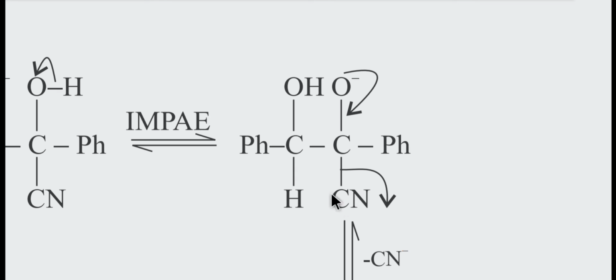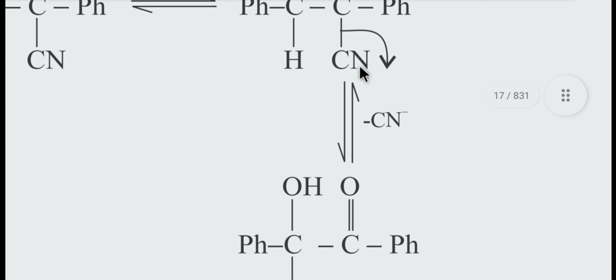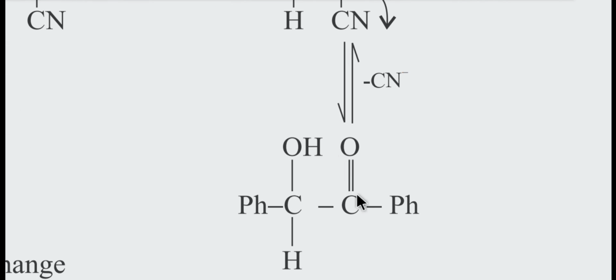Now here is the CN group, the cyanide group, which is an electronegative, strongly electron withdrawing group. So this negative charge will produce a double bond between carbon and oxygen. And we know that carbon has completed its covalency, so one bond should break before the bond between carbon and oxygen is produced. So the bond between carbon and cyanide will break, because it is a polar bond. Here a double bond is produced, and CN is the leaving group.